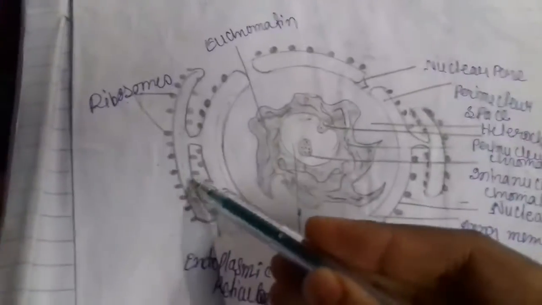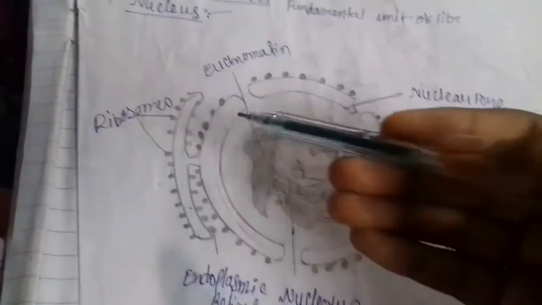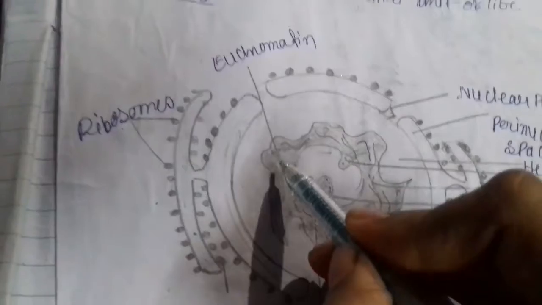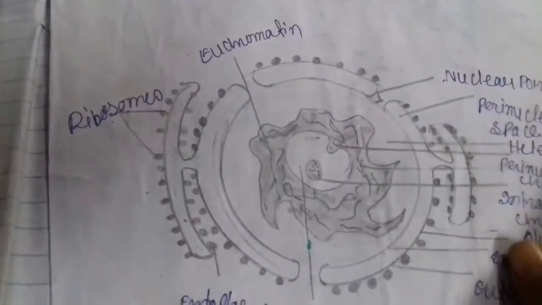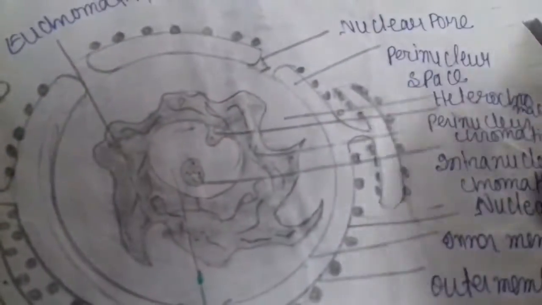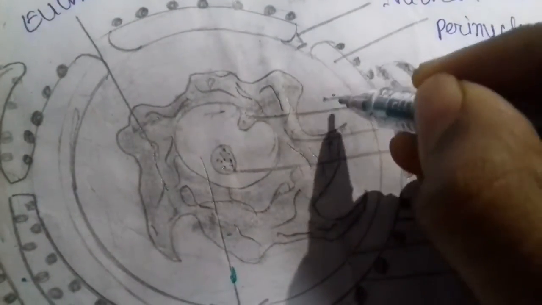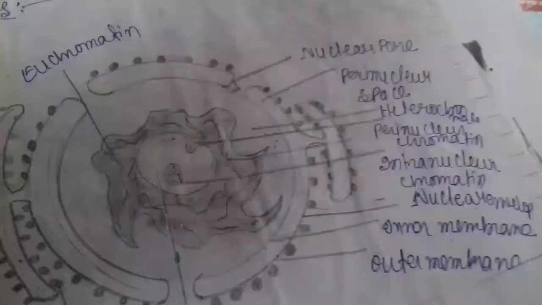This is a picture of a typical nucleus. These balls are ribosomes. These are ER, endoplasmic reticulum. We'll read about ER and ribosomes in our next video. These are euchromatins. Some small dots are heterochromatins.